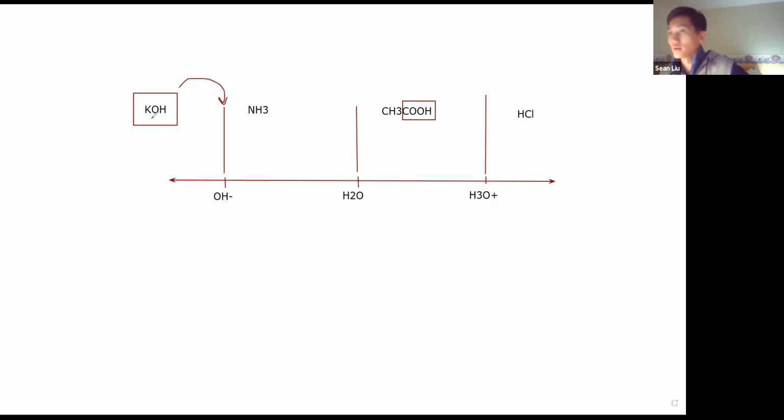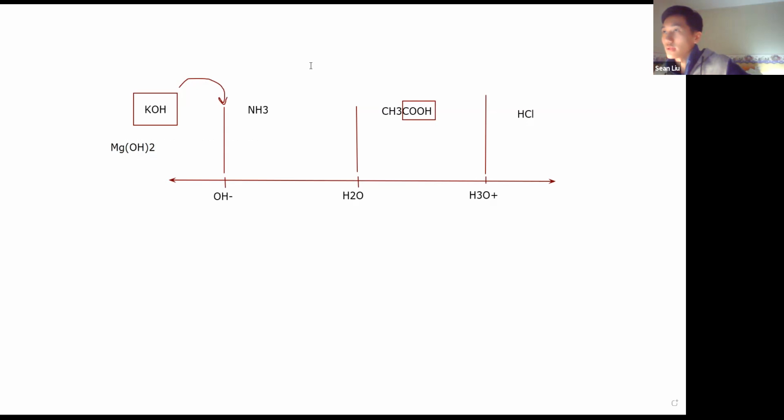Of course, there will be a way to determine what bases are stronger, and so on and so forth. For example, let me put down MgOH2.